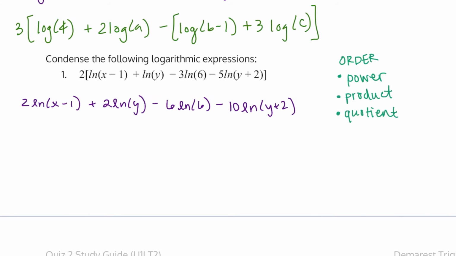We know, or we should know, that by the time I get to the quotient rule, I should only have one subtraction sign. You should not start condensing a problem until you are left with just one subtraction sign outside of the logs, right? I'm not talking about this type of subtraction. I'm talking about the subtraction between logs. We cannot have both of these, because then when we get to the quotient rule, we'll end up with a triple-decker fraction, which is just not okay.